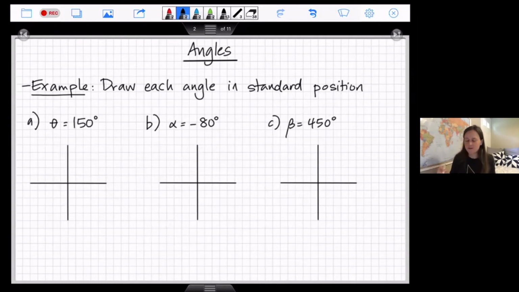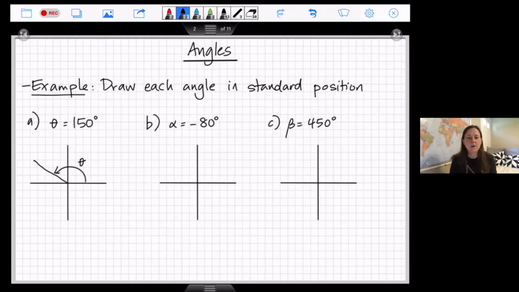Now, 150 is more than 90, and it's less than 180, a little bit closer to 180 than it is to 90. So I'm going to guess that it's about right here. When you draw these angles, it's important that you include that arrow that tells you which way it's rotating, because you could land at the same terminal side by rotating either clockwise or counterclockwise. We just have a different angle measurement, one positive and one negative.